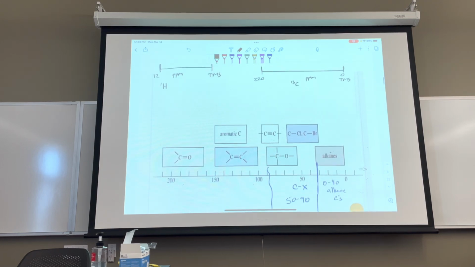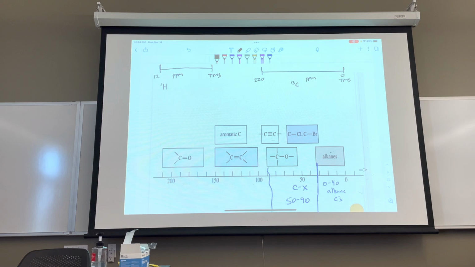The other things that can cause de-shielding in the C-13 spectrum is double bonds. And this shouldn't surprise you. Double bonds cause de-shielding in proton NMR as well. Think about those vinylic and aromatic protons in proton NMR. If they were vinylic, they tended to appear somewhere between 5 and 6.